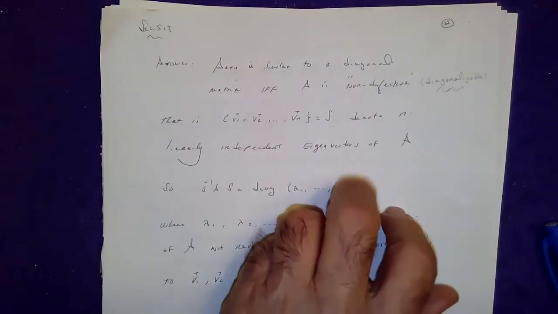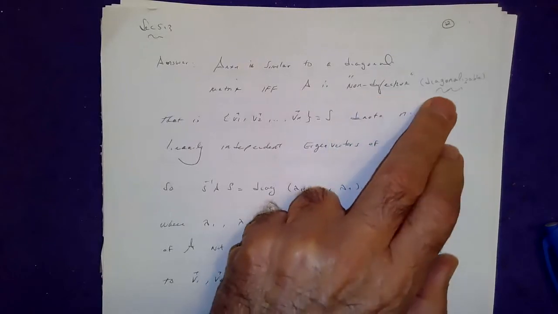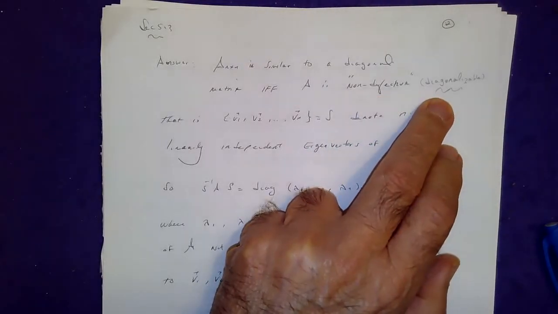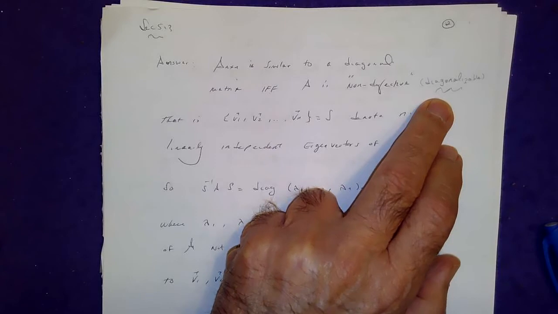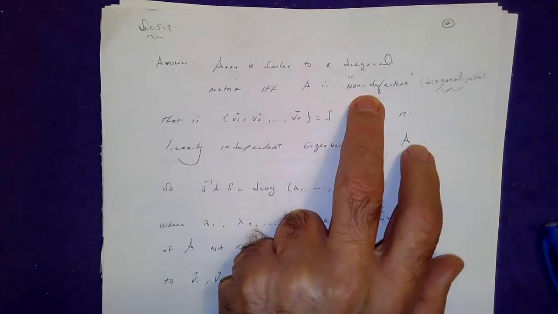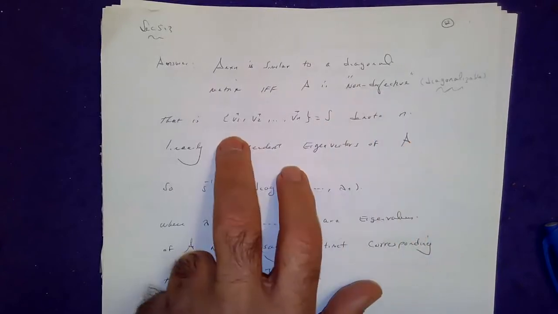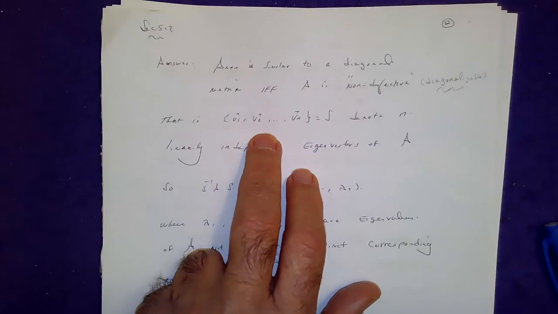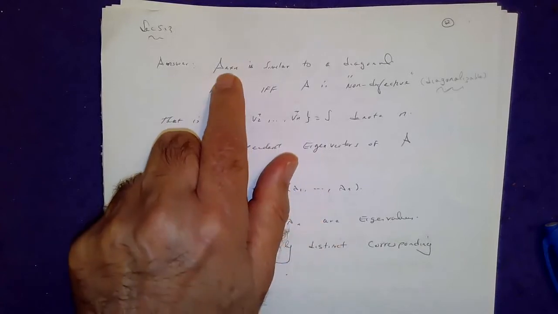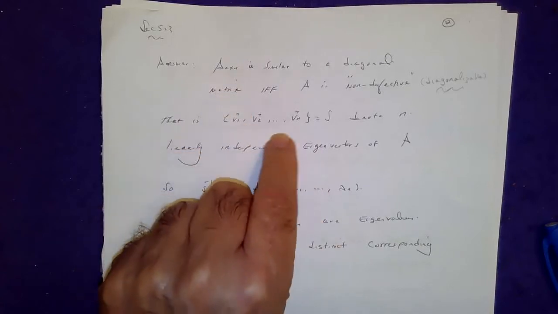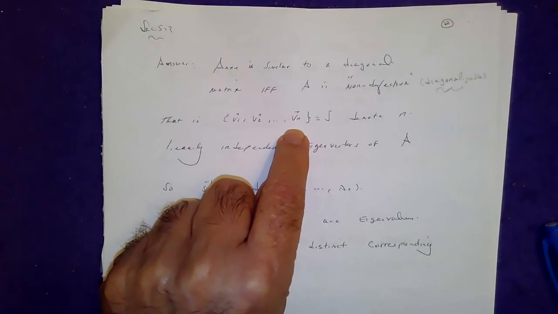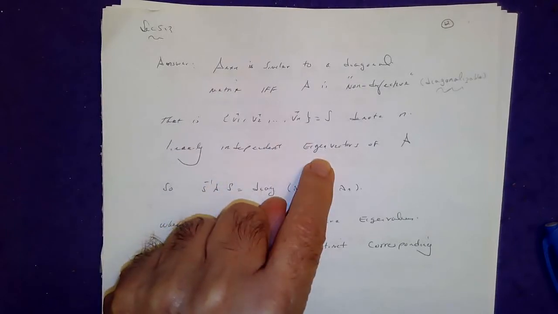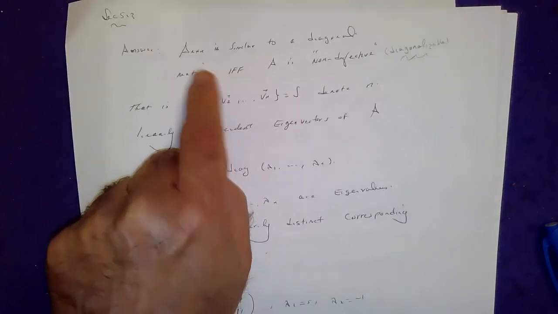So what it amounts to is a matrix is said to be diagonalizable if it is non-defective. And what is non-defective? If it has a complete set of what? Linearly independent eigenvectors. So if the dimension of the matrix is n by n, you gotta have n many linearly independent eigenvectors. So the number of vectors here gotta match what?